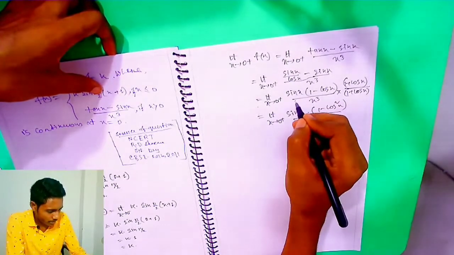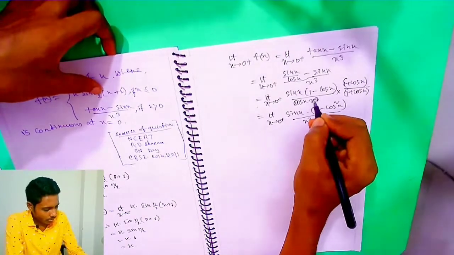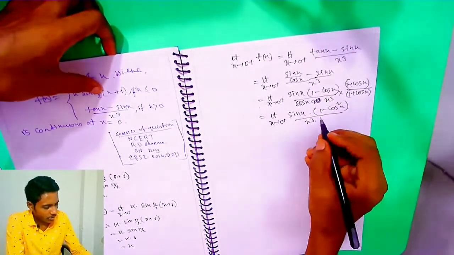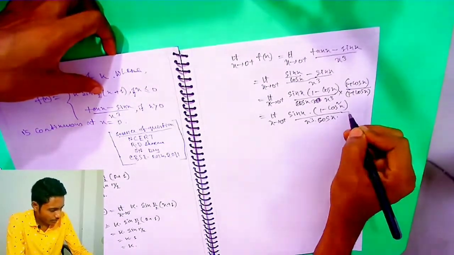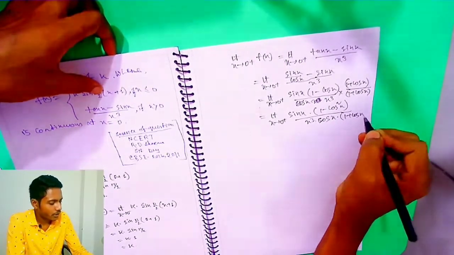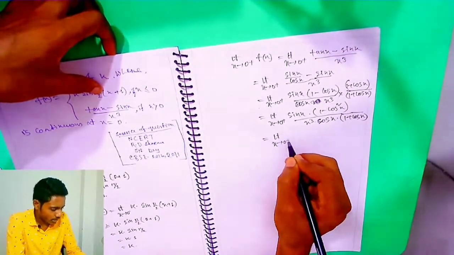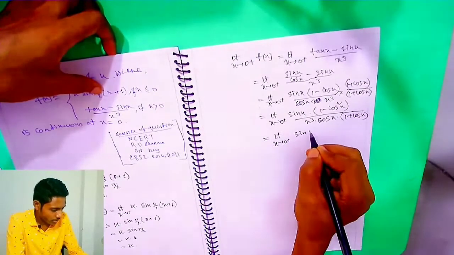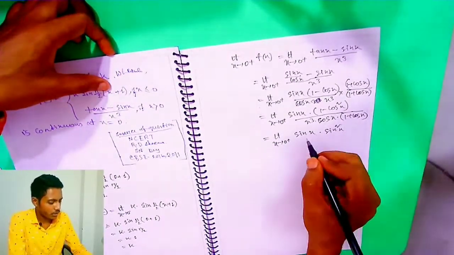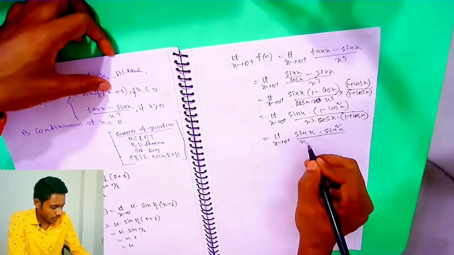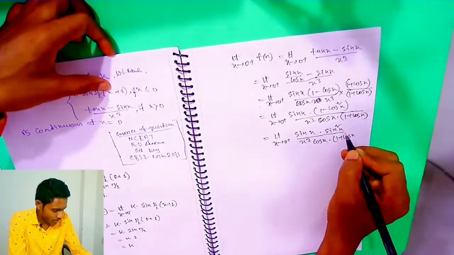into cos x into (1 plus cos x), right? This is equal to limit x tends to 0 plus sin x into sin square x, since sin square x plus cos square x is equal to 1, so 1 minus cos square x is equal to sin square x, by x cube into cos x multiplied by (1 plus cos x), right?